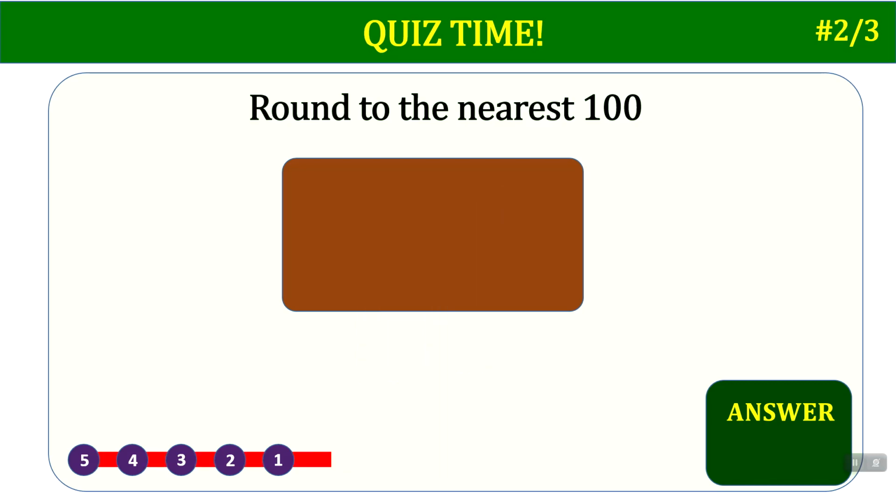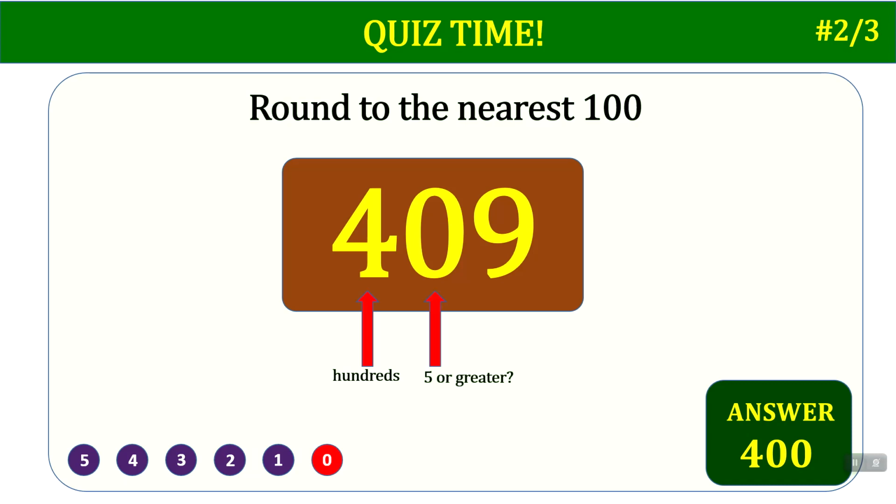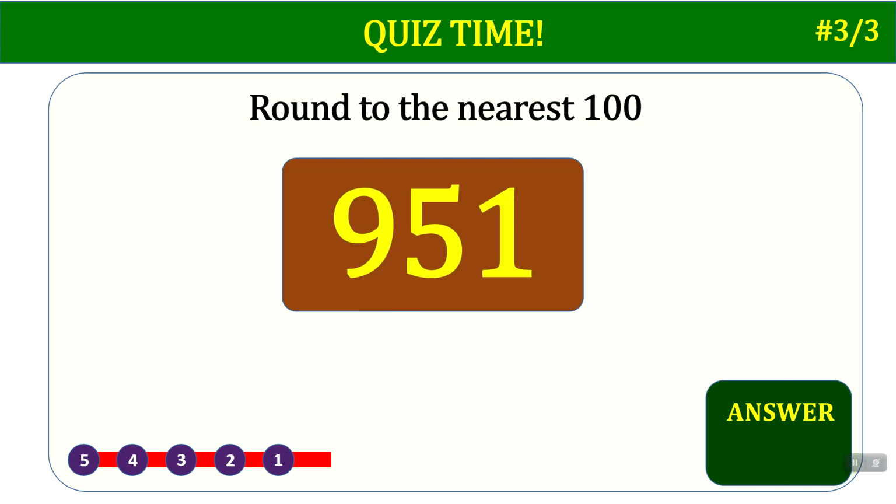Number 2, round to the nearest 100. 409. Time's up. The answer is 400. A 4 is in the hundreds column, and to the right is a 0, which means we will round down to 400. And number 3, round to the nearest 100. 951.